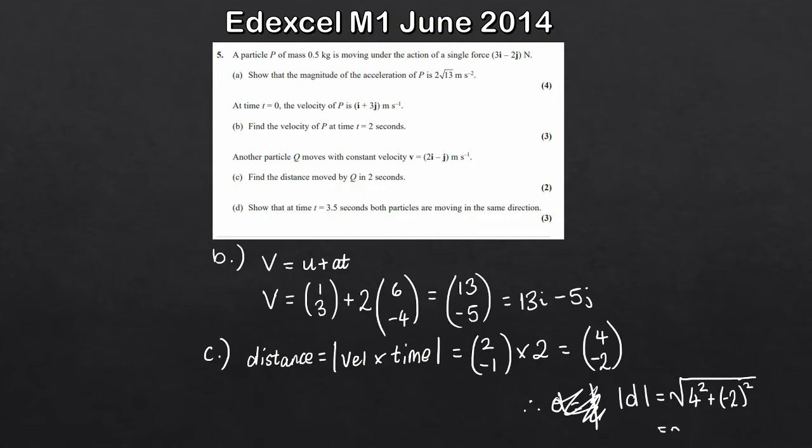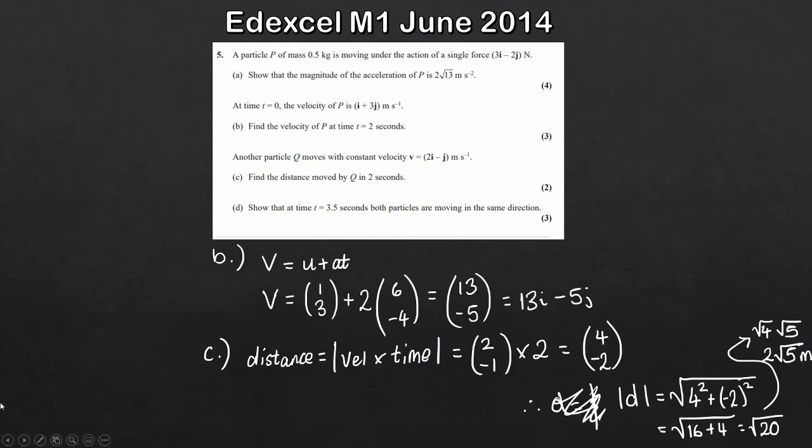That's going to give us the square root of 16 plus 4. So that's root 20. And if we simplify root 20, we could write that as root 4, root 5. And then again, this would be 2 root 5. What units are we working in? So meters. So 2 root 5 meters there. Okay, so that's part C for the 2 marks there.